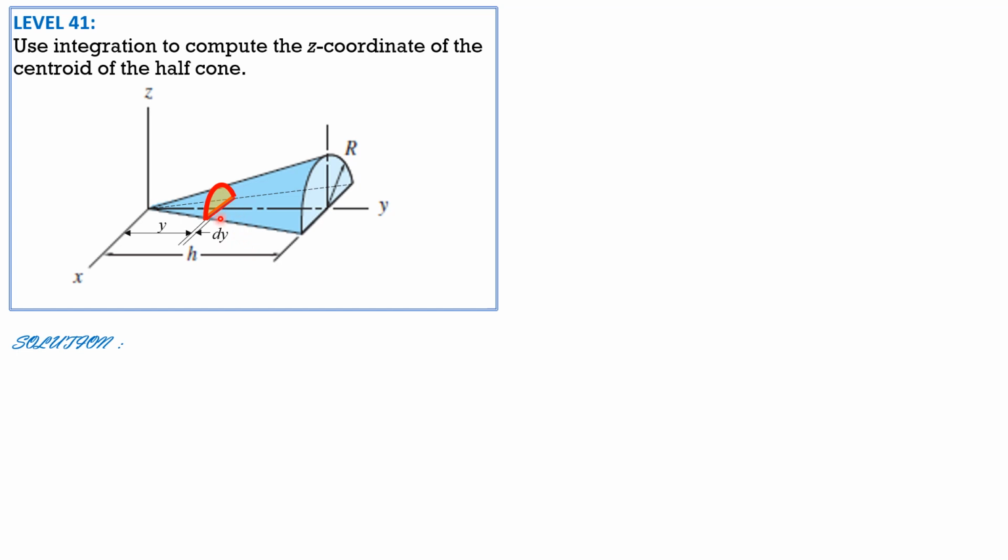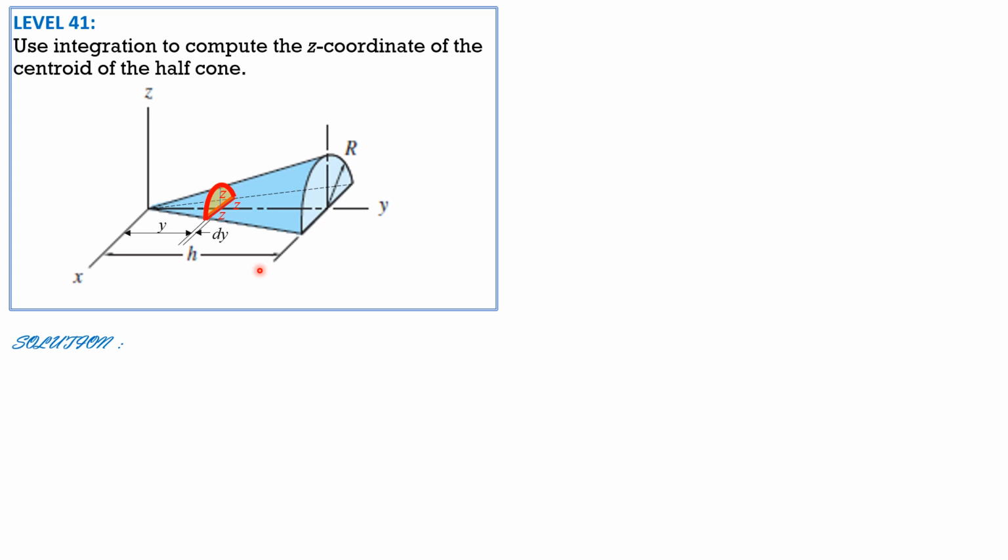The radius of this semicircular slab is z, and imagine that z is revolved about the y-axis, so everything will be z from the figure.